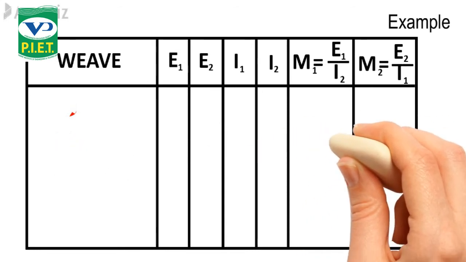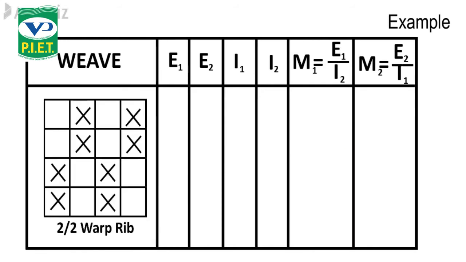Let's take another example, that is 2 by 2 warp rib. E1 for such weave is 2 and E2 is 4. I1 is 2 and I2 is also 2. So calculated value of M1 and M2 are 1 and 2 respectively.